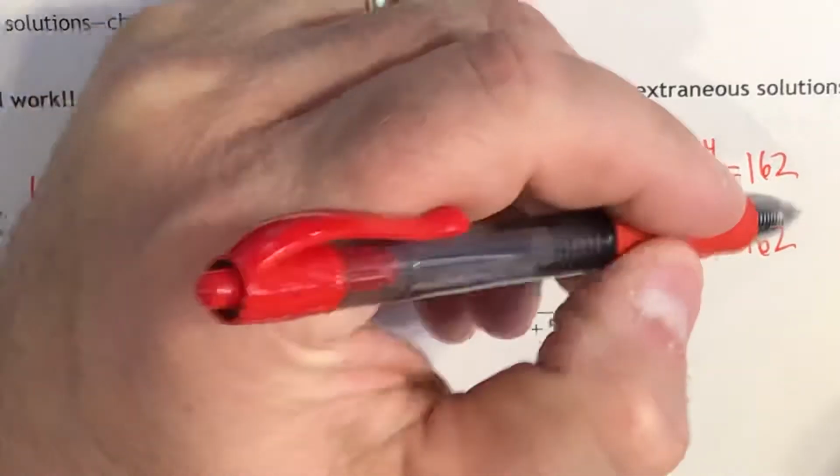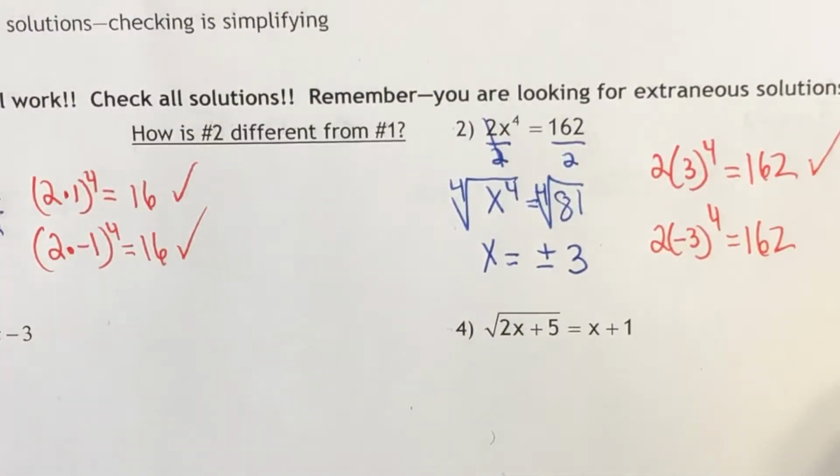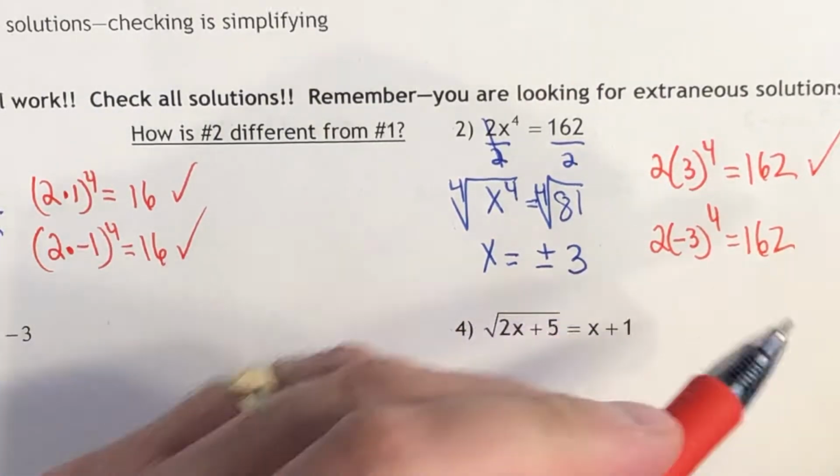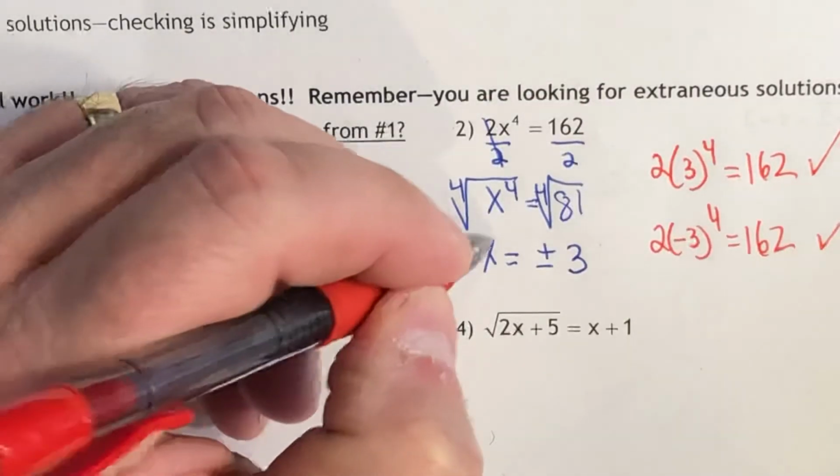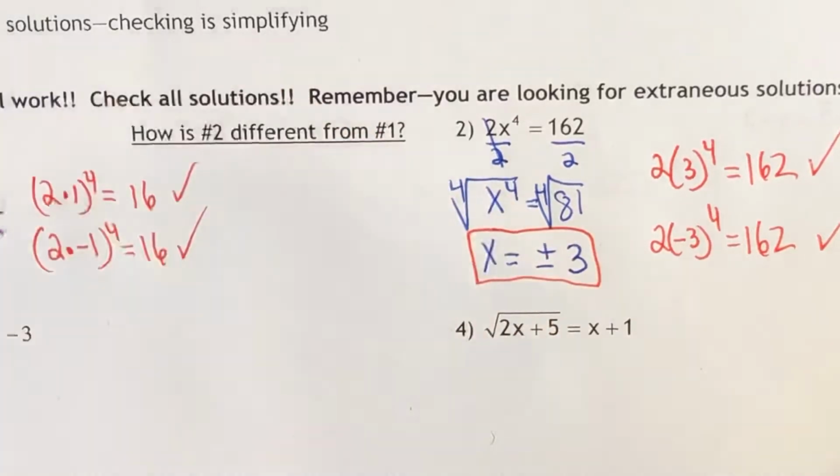Sure enough, 162, so a positive 3 works. Negative 3 raised to the 4th, negative 3 times negative 3 times negative 3 times negative 3 also is a positive 81, times the 2 also makes 162, so they both work. So a positive 3 and a negative 3 are the two solutions for that one. Okay?